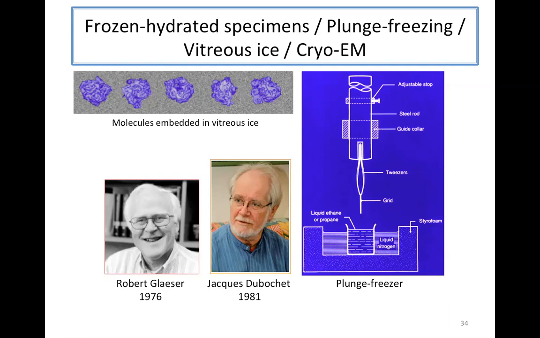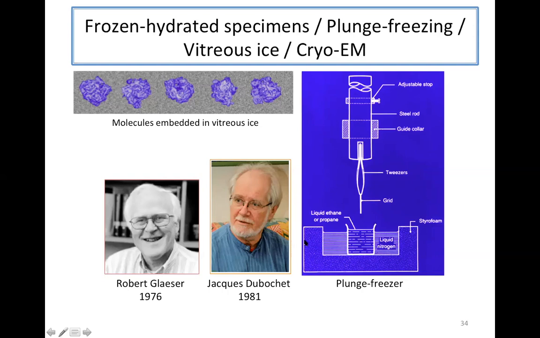When you immerse the grid into liquid nitrogen directly, then air bubbles form on the interface between the sample and the cryogen, and these air bubbles prevent fast heat transfer. Under those conditions, you get the formation of crystalline ice, and that's bad. That crushes the molecule, that produces all kinds of damage.